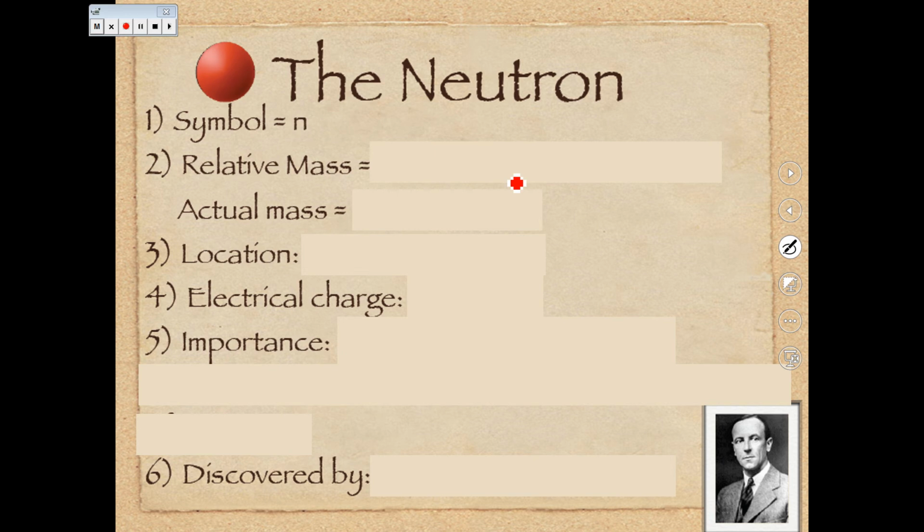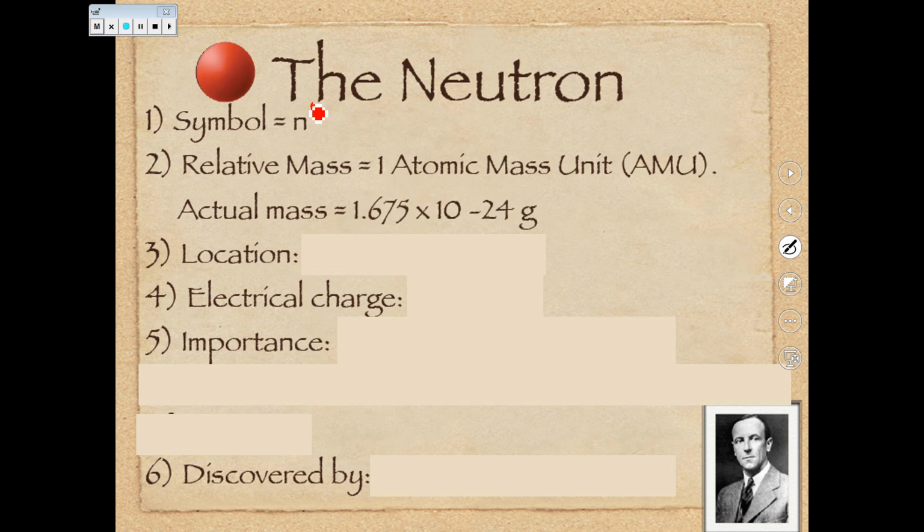The neutron. The neutron symbol is the N. Sometimes you will see a little neutral circle up there as well. Its relative mass is 1 atomic mass unit, exactly the same as a proton. So a proton and neutron have the same mass. Its actual mass is 1.675 times 10 to the negative 24th gram, very similar to the mass of a proton.